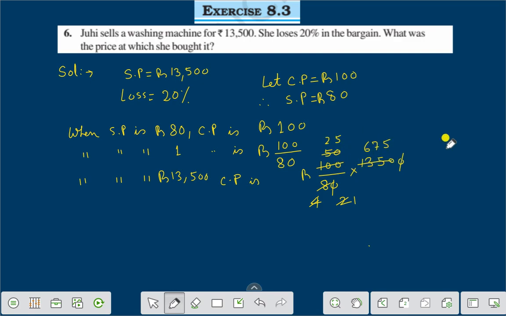If you multiply 675 into 25, what you will get? 5 fives are 25, write 5 carry 2, and so on.